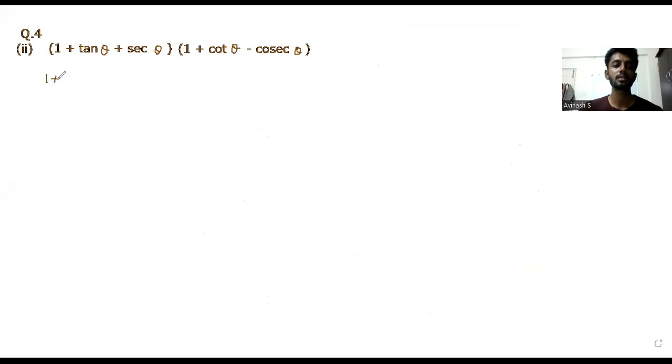I'm taking this question, and here tan theta can be written as sine theta divided by cos theta, and sec can be written as 1 by cos. Likewise, here cot theta can be written as cos theta by sin theta, and cosec can be written as 1 by sin.